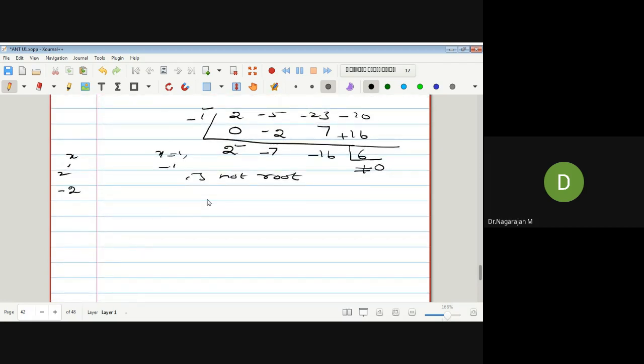I move to the next case. I put 2. Same coefficient terms: 2, -5, -23, -10. Then the first element we put here is 0.